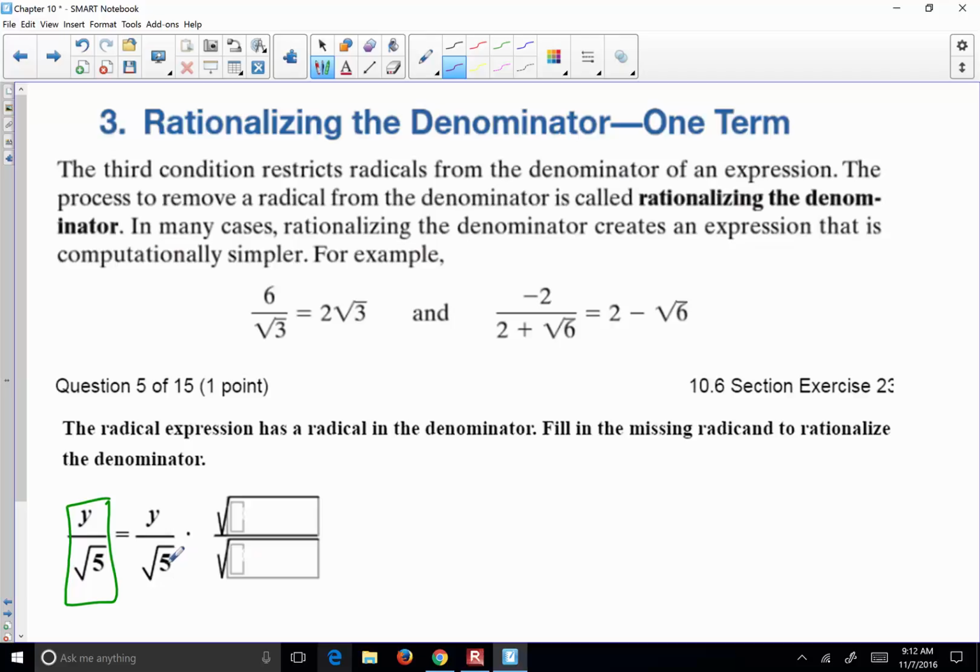So if this is 5, you need to guess how many 5s you need to make this guy rich enough to break prison. Rich enough means you need 2. You already have a single 5. I know that I need to bring one more next to this so I can make 2 of them so you can break prison, right? So that's how we did number 5.